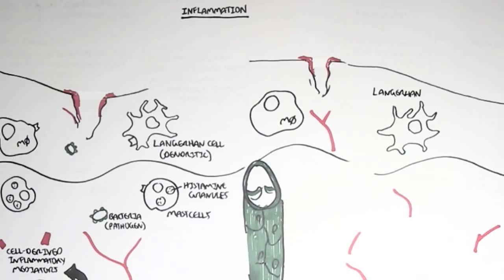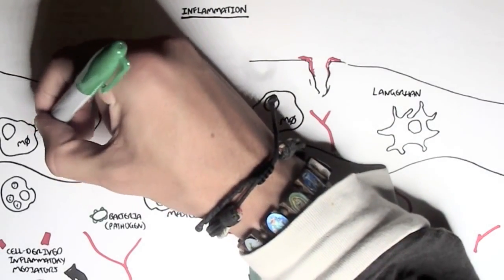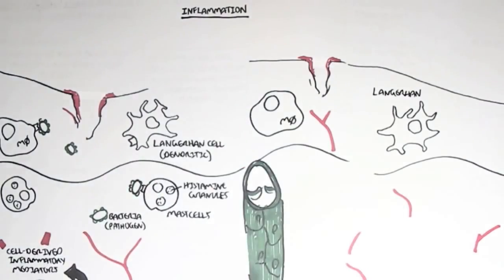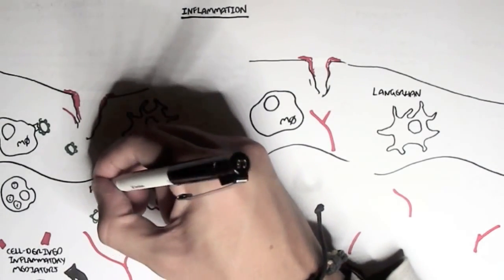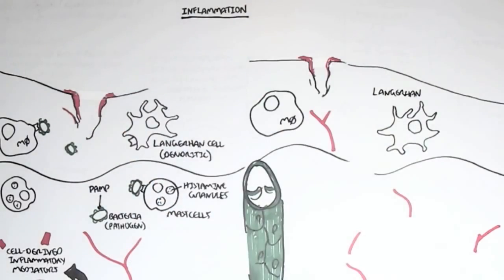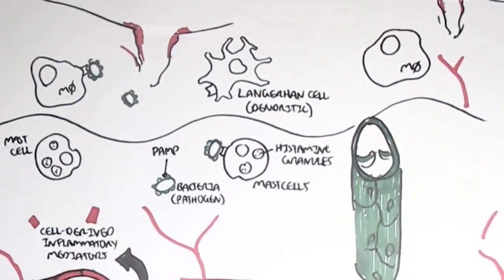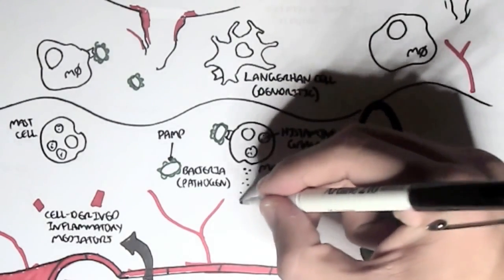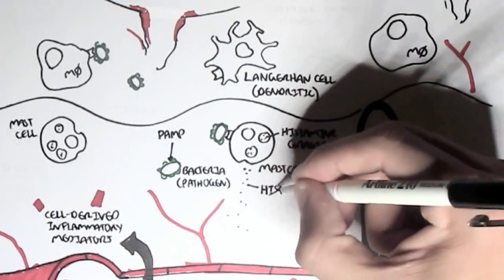So this bacteria actually expresses certain proteins, certain molecules on its surface, known as PAMPs. PAMPs are recognized by the immune cells within the tissue, such as mast cells and macrophages.